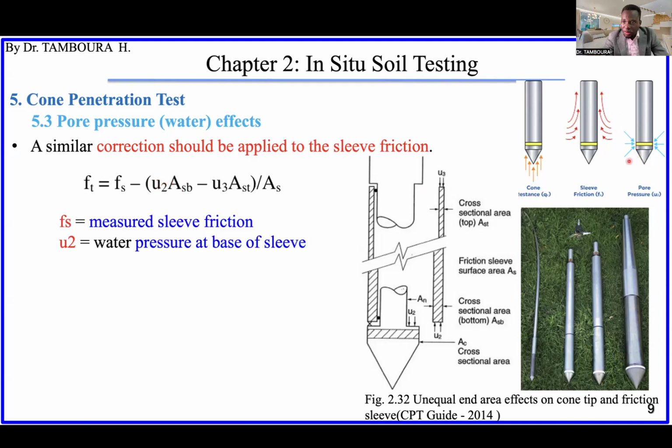U2 is the measured pore pressure at the base of the sleeve, because you have three here. Actually, U1 is around here, but we didn't mention that. U3 is the measured pore pressure at the top end of the sleeve.